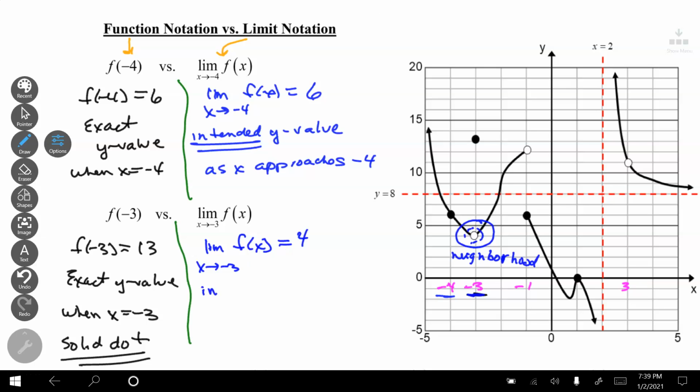So my intended y value, again, is when x approaches negative 3. And what I'm saying is we kind of have this neighborhood going on.